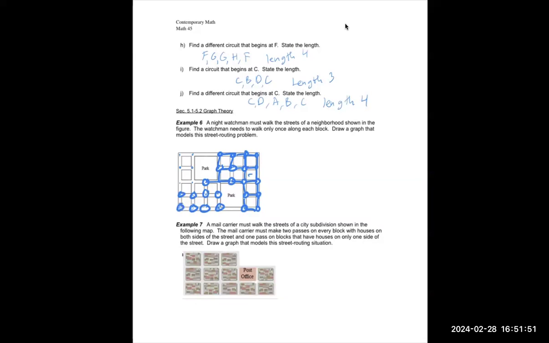Okay, I'm redrawing a little bigger. And he needs to walk on every street, and only once. So that's why I'm only making one line on each street. And this is what our graph would look like. I probably should have connected it differently.